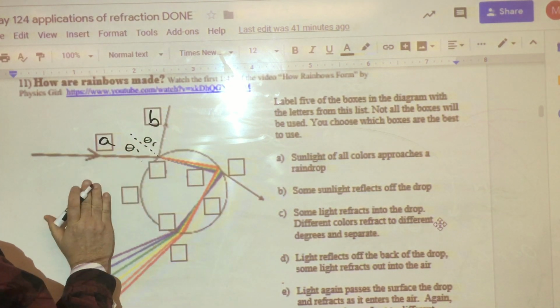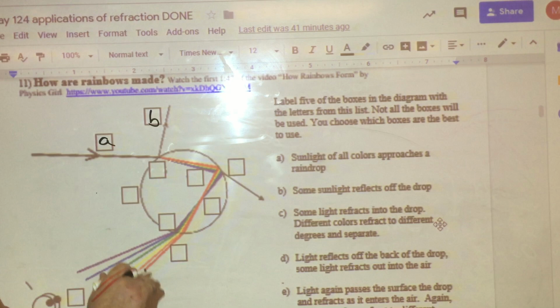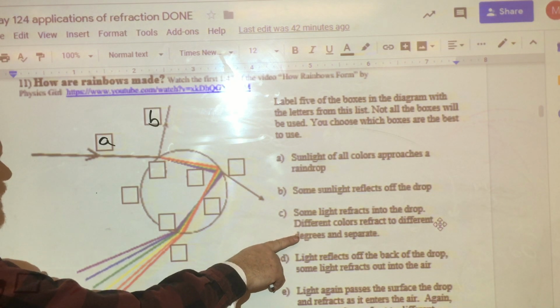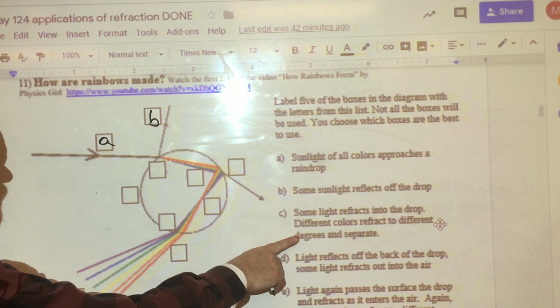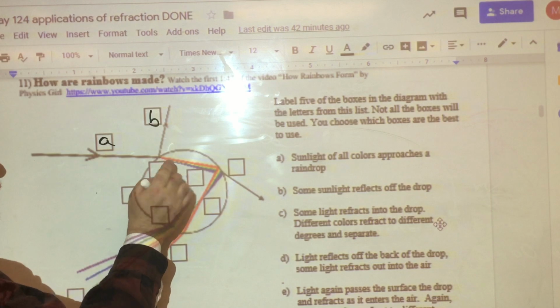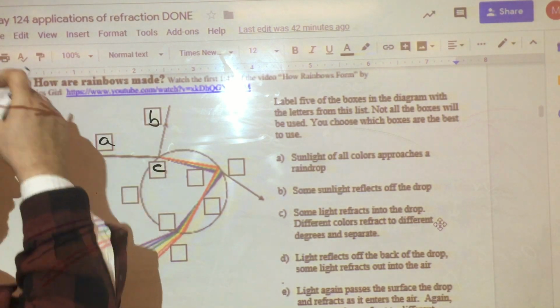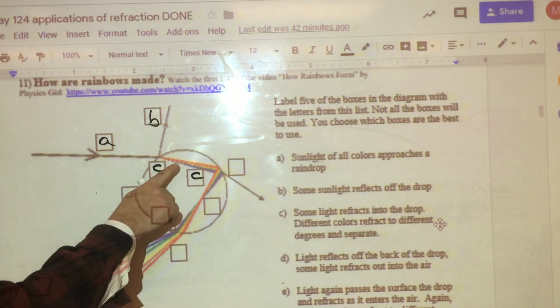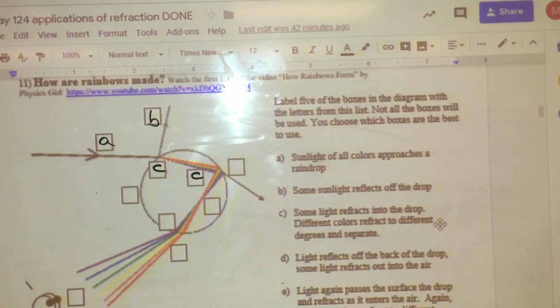That's letter B. Letter C, some of the light refracts into the drop. Different colors refract to different degrees and separate. So that happens right here at this surface, C. You could also say that it's that area right there as we see the colors spreading out.